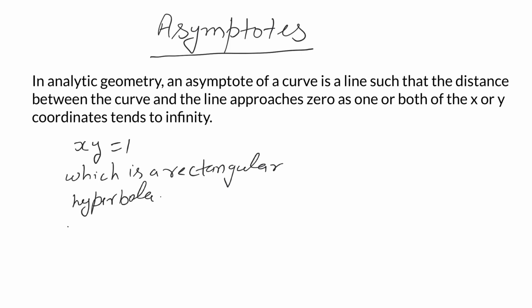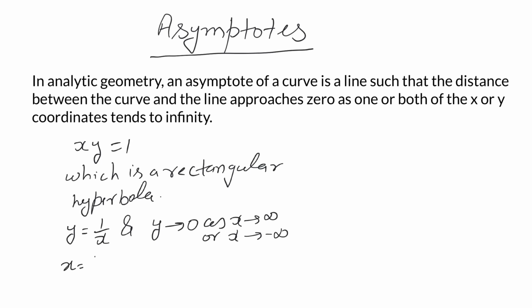In this, y can be written as 1/x, and y approaches 0 as x approaches infinity or x approaches minus infinity. Also, x can be written as 1/y, and x approaches 0 as y approaches infinity or minus infinity.